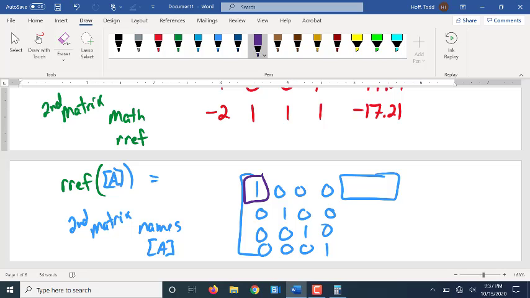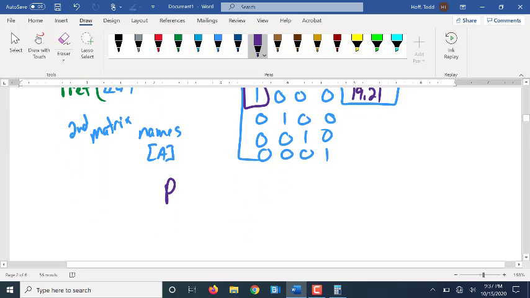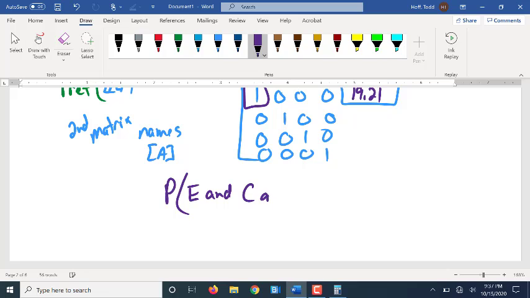For this example, it's going to be 19.21 that'll be there. What that is saying, x is the probability of E and C and L. So it's 19.21. Actually, that's percent. So it's a probability of 0.1921 is what would go in there.